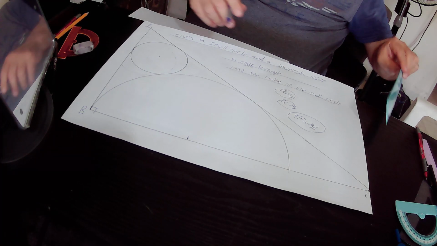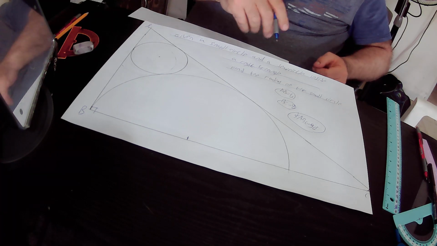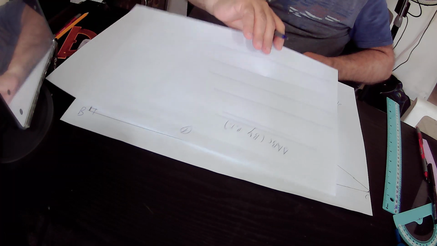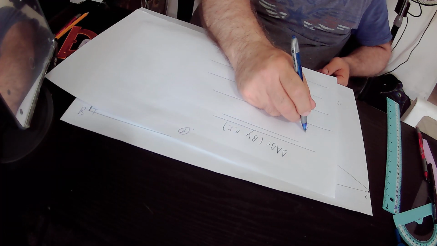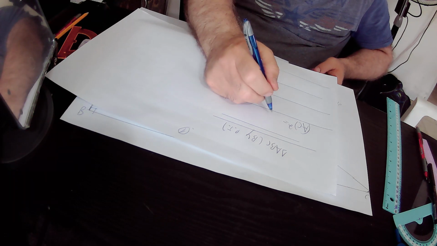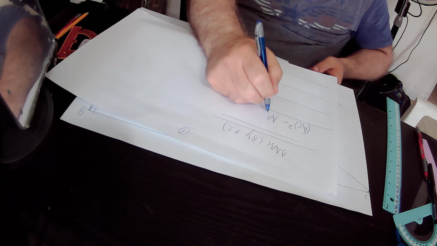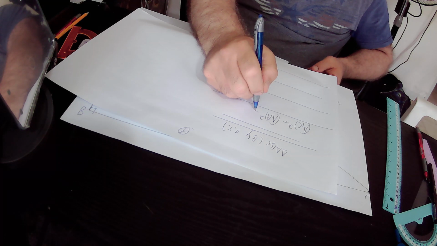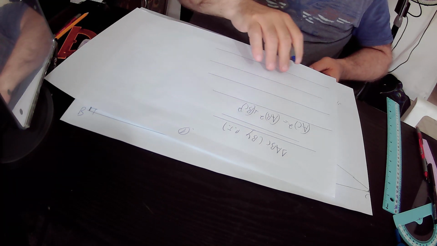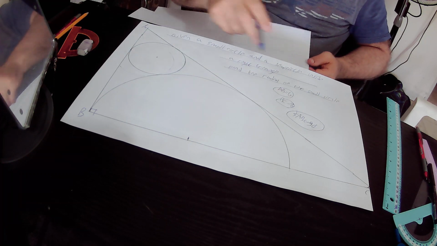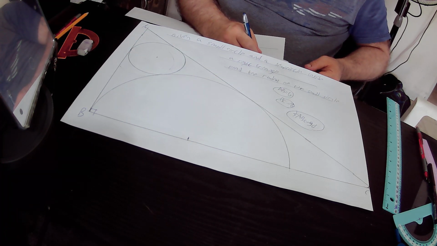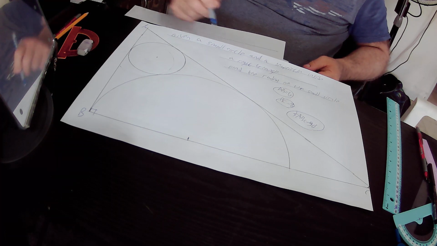So AC square equals AB square plus BC square. So I'll write it down. AC square, that is the square of the hypotenuse, must be equal to AB square plus BC square. The hypotenuse AC is the missing side, so AC square equals AB square.